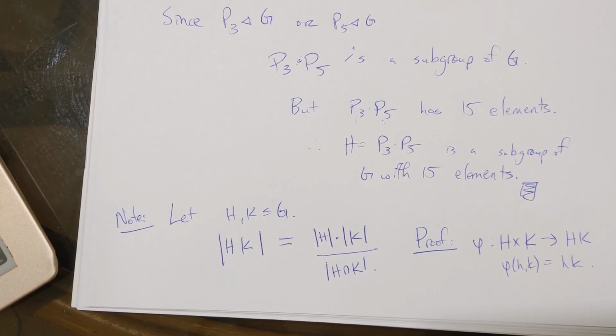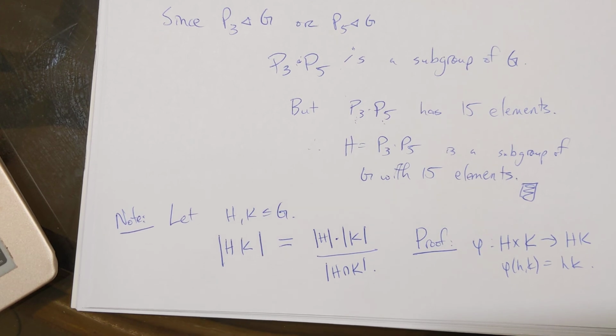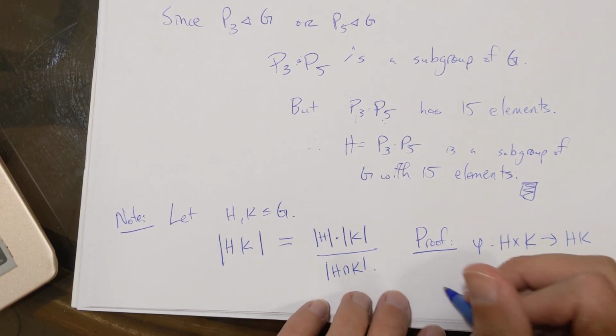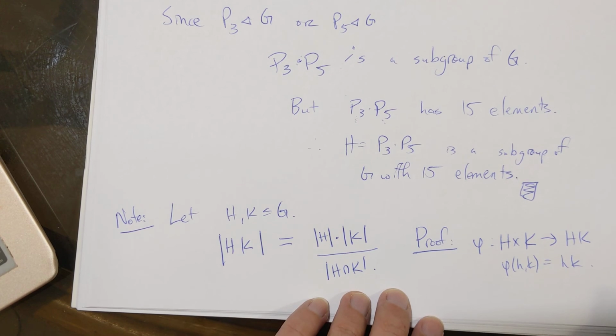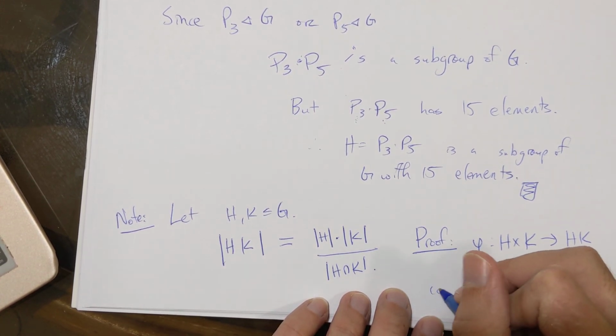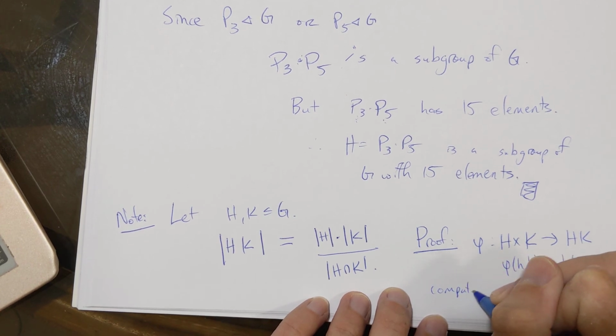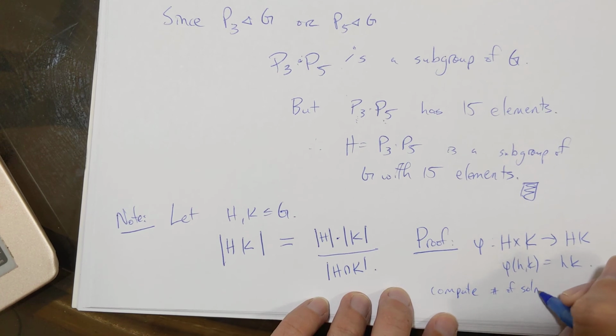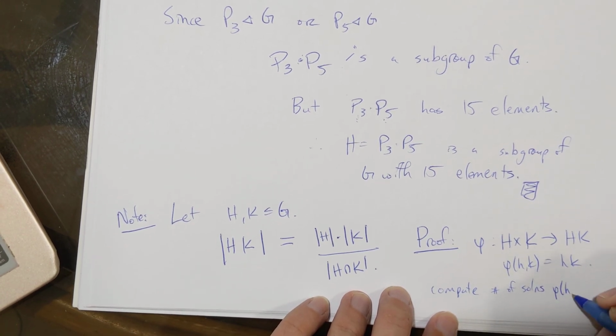Well, what you do then is you show phi is onto. Well, phi is onto by definition, but you compute the number of solutions to the equation phi of (h, k) equals g.